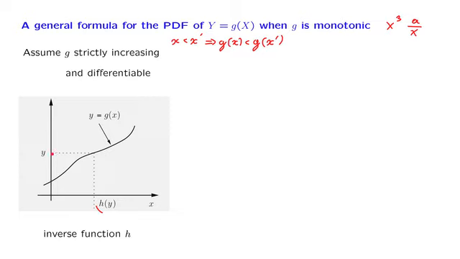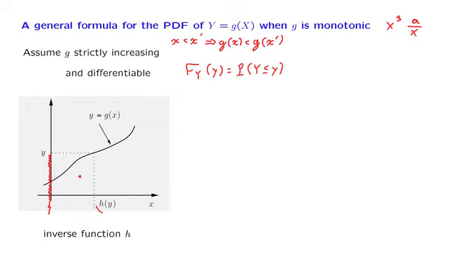Let us now move on with the program of finding the PDF of y. We will follow the usual two-step procedure, and the first step is to find the CDF of y. So we fix some little y, and we want to find the probability that the random variable y takes a value in this range.